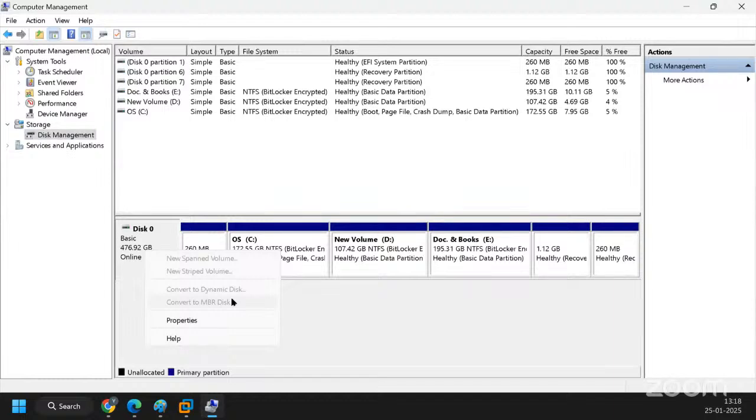Although it is grayed out, it gives us the idea that we are having GPT in our system, the GUID partition table.